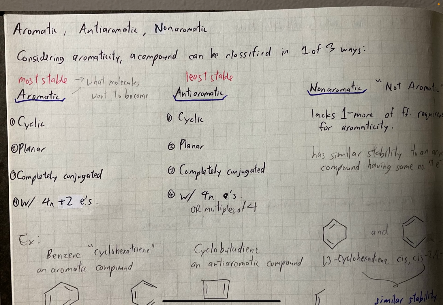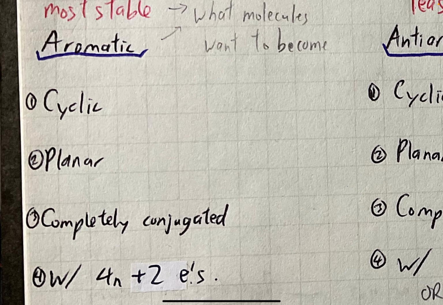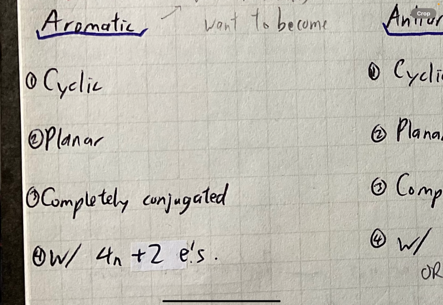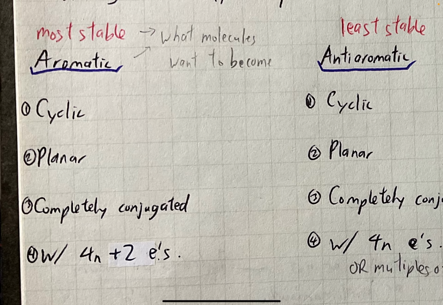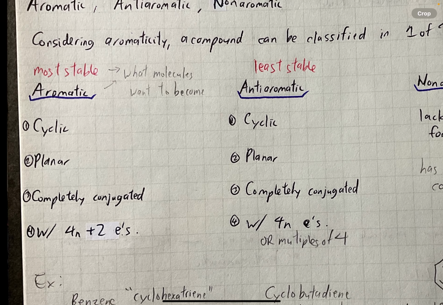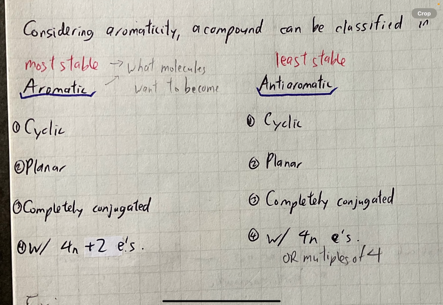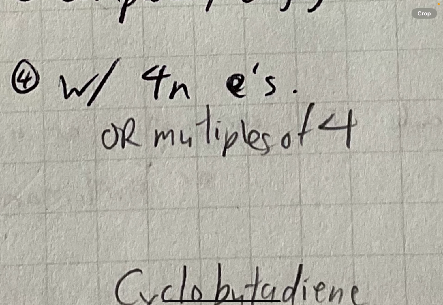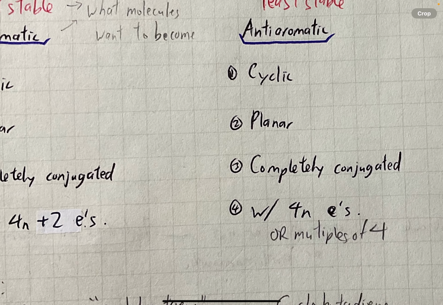So the requirements are it's supposed to be cyclic, planar, completely conjugated, and it has 4n plus 2 electrons. Or just memorize the list: 2, 6, 10, 14. You basically just add plus 4 every number, okay? For anti-aromatic, it's the same requirements, only that the number of electrons has to be 4 or multiples of 4.